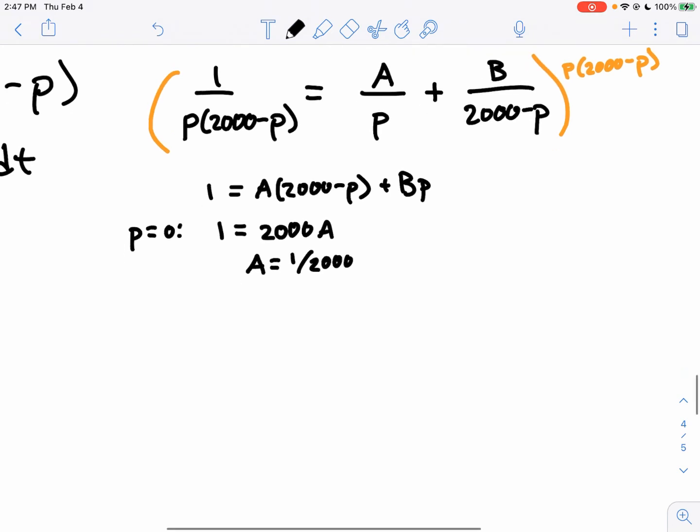Now let's plug in 2000 for P because that will cancel this term. So if we let P be 2000, that gives me 1 on the left side of the equation is equal to 0A plus 2000B. So just positive 2000B. So B is also 1 over 2000.